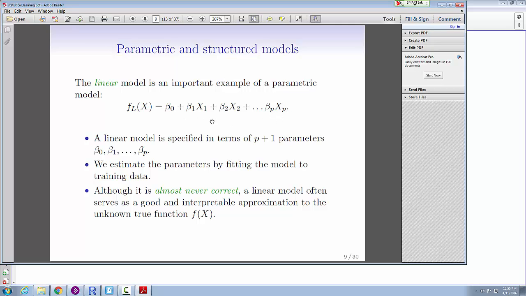And we could fit this model in the usual way, doing regression, so lm, for example, in R. While a linear model is almost never strictly true, real life is almost never perfectly linear, even so, this often does well at capturing the essence. It also tends to do well at fitting the training data well without overfitting the training data. So linear models are a good starting place.